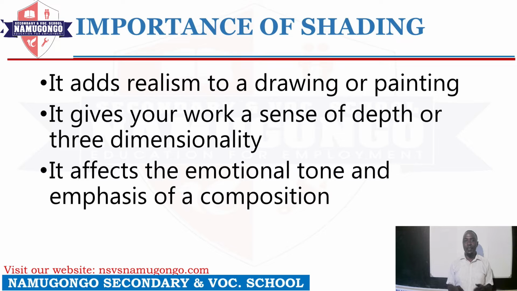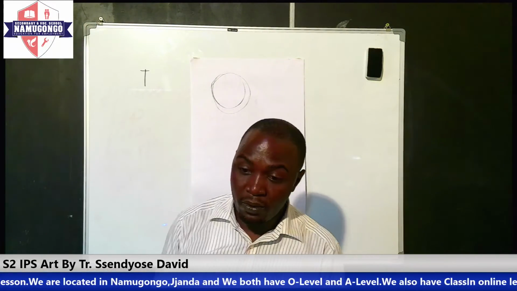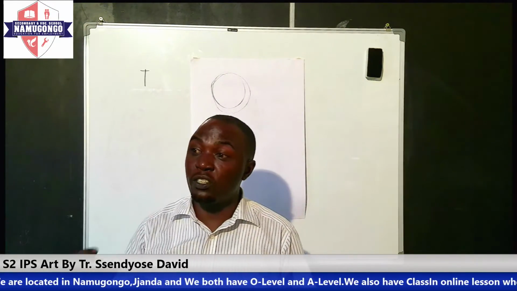Then secondly, it also gives your work a sense of depth or three-dimensionality. For example, if you're shading a sphere, in normal senses a sphere looks like a circle, which is a shape.